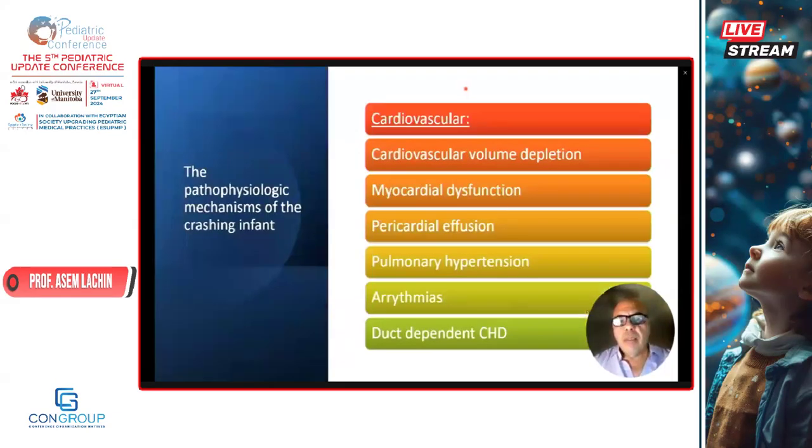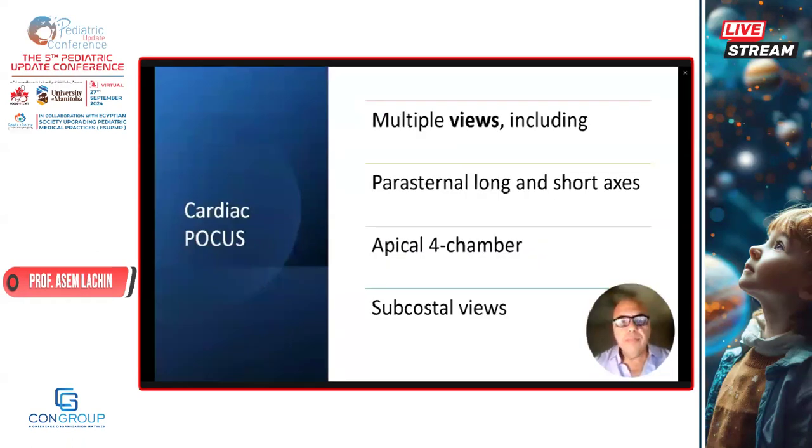So the common cardiac problems, as we mentioned, are cardiovascular volume depletion, myocardial and ventricular dysfunction, effusion, pulmonary hypertension, arrhythmia, and of course duct-dependent congenital heart disease. It involves multiple views, including limited ones.